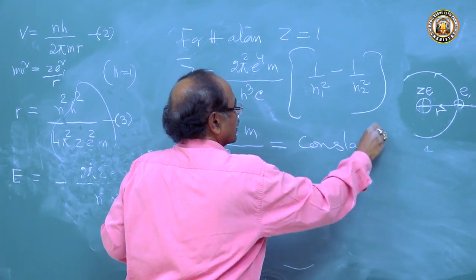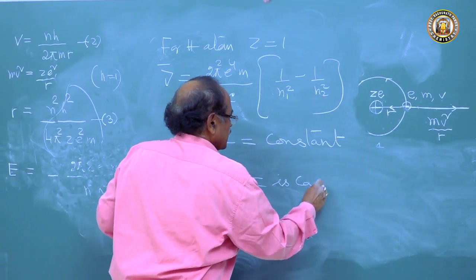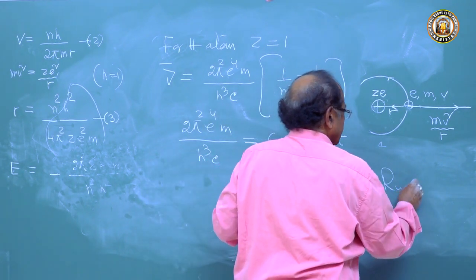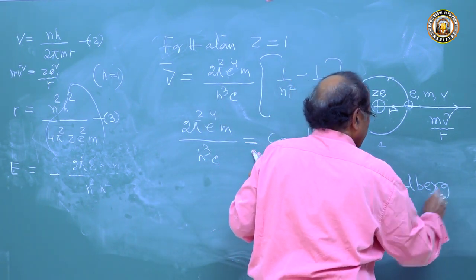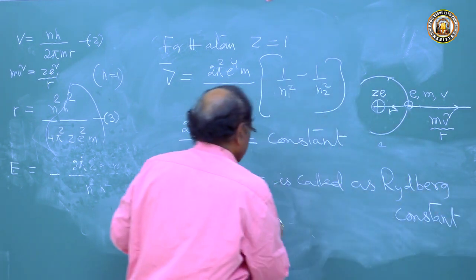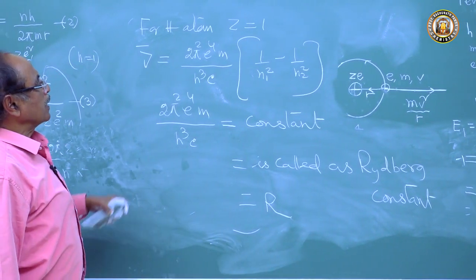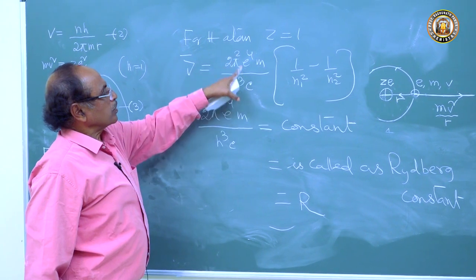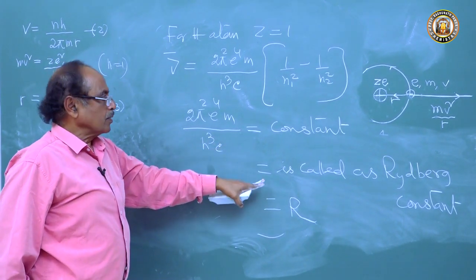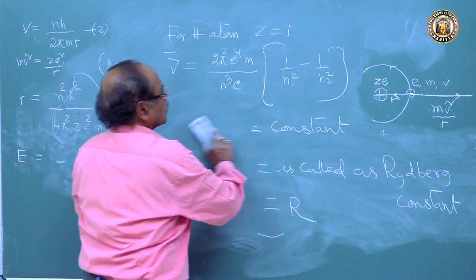This constant is called the Rydberg constant, and he used the symbol R. So this 2 pi square e fourth m by h cube c is equal to the Rydberg constant. He put the value here, so he got the value now.